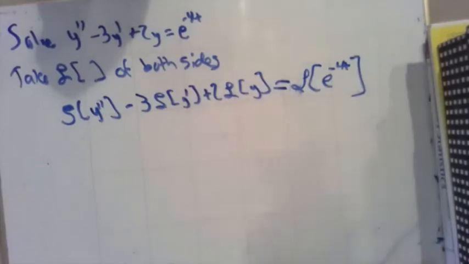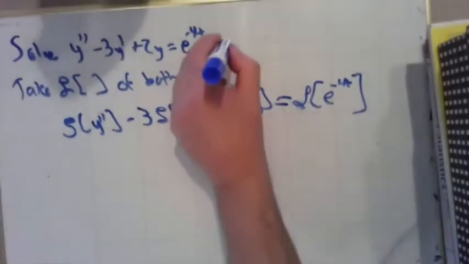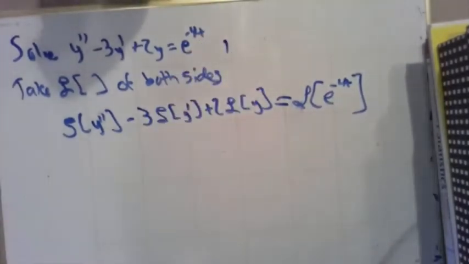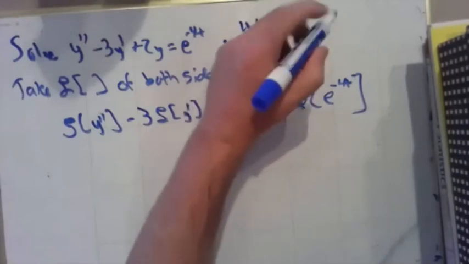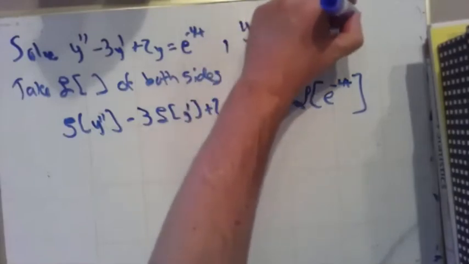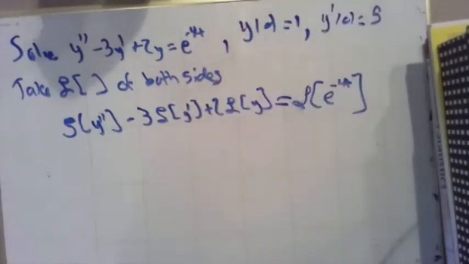Oh, and Laplace transform is used to solve initial value problems. I do need to give us a couple of initial values here. y of 0 is 1. y prime of 0 is 5.